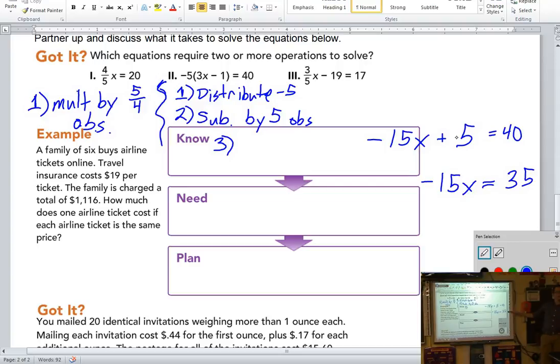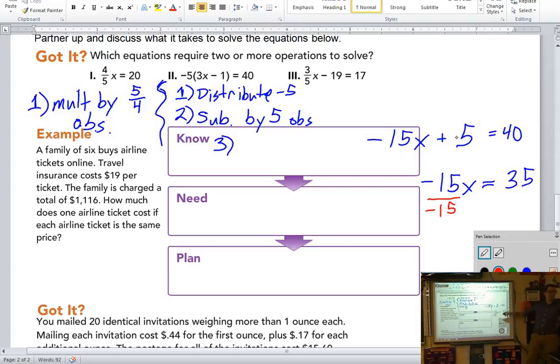By? You got this. Yeah, so if we want to say this correctly, we're actually dividing by the negative 15.